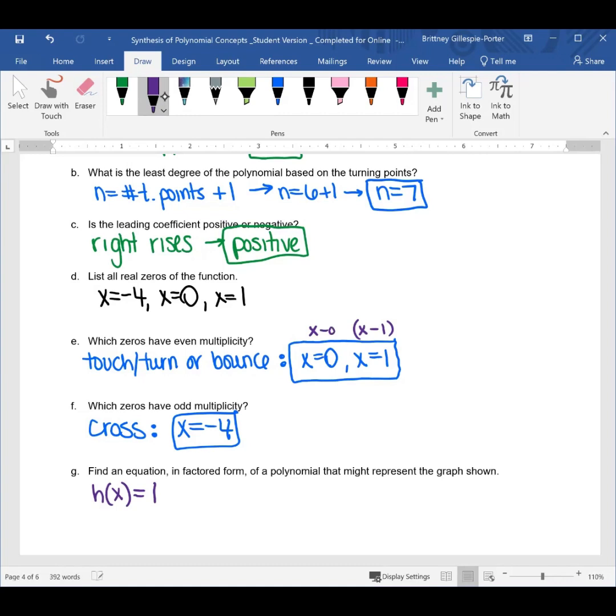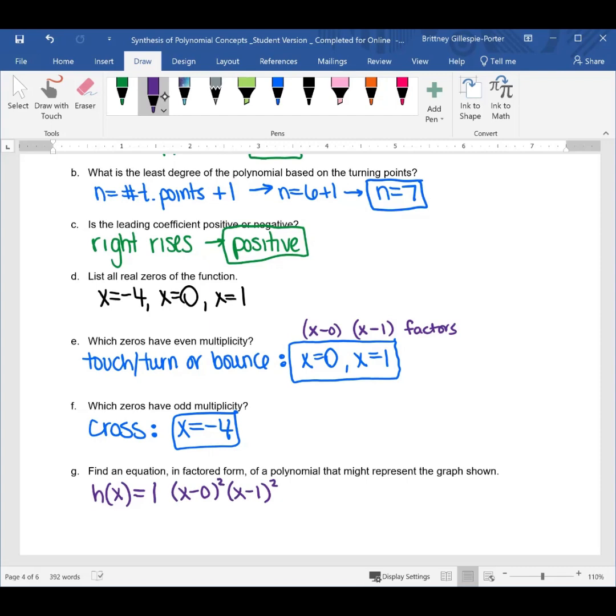If you want to do x minus 0, you can, but you will need to clean it up. So we're going to have x minus 0 and x minus 1, but we said that they had even multiplicity, which means they are going to have an exponent of 2 each, because 2 is the first even number we know.